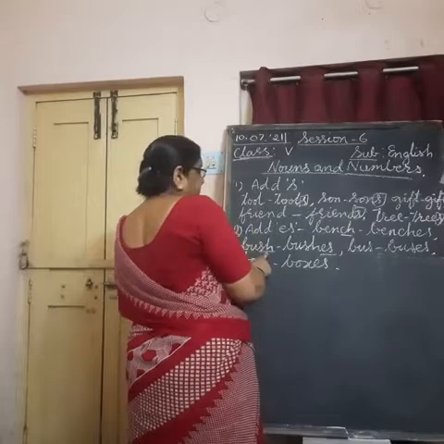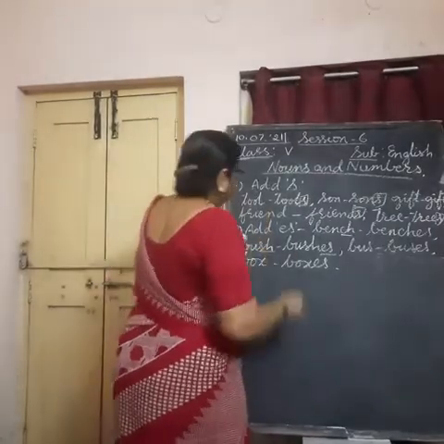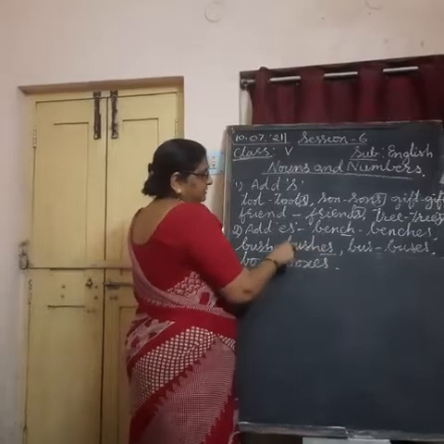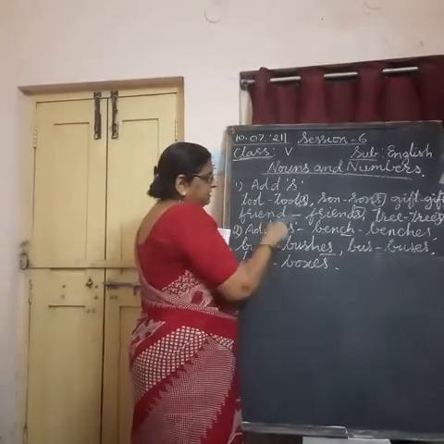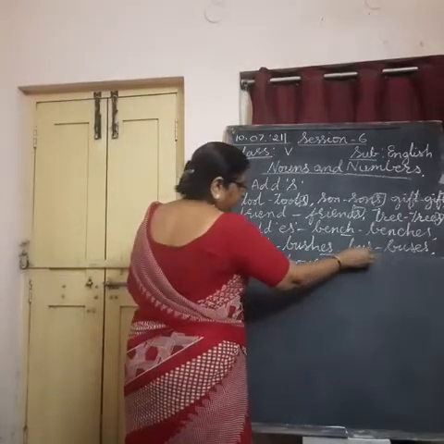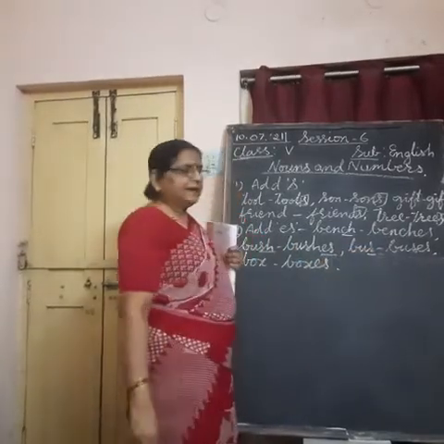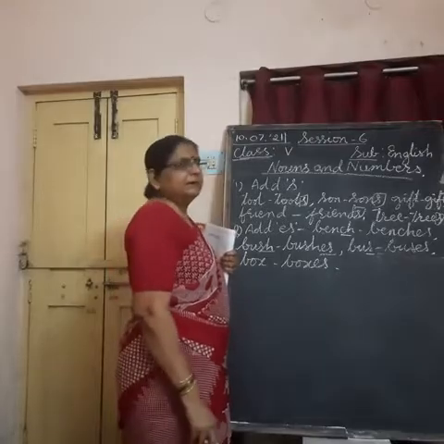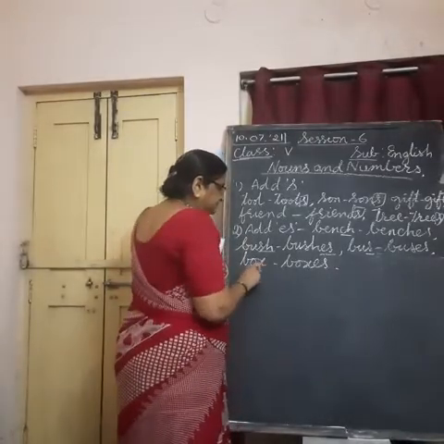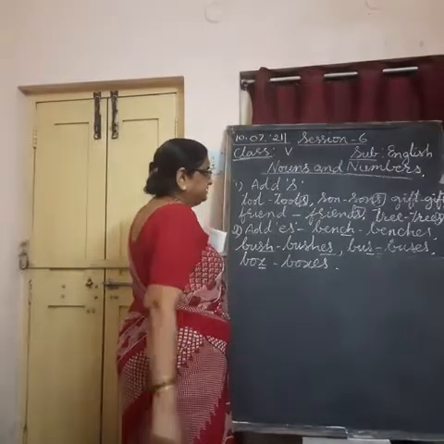When the word ends with CH, what do we do? We add ES to it. Bus, bush, bushes. When the word ends only with S, we also add ES to it. Bus, buses. Class, classes. Box. When the word ends with X, we add ES to it.